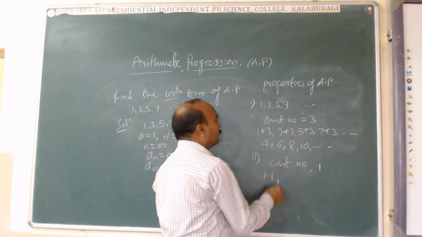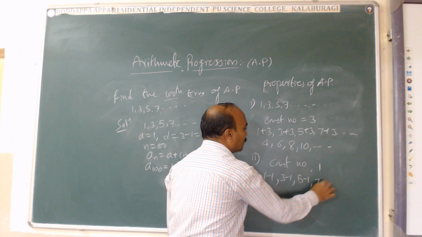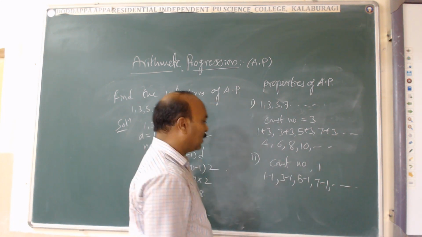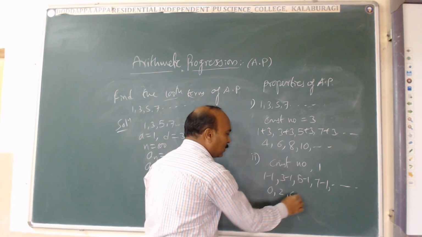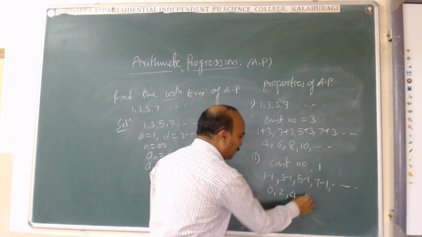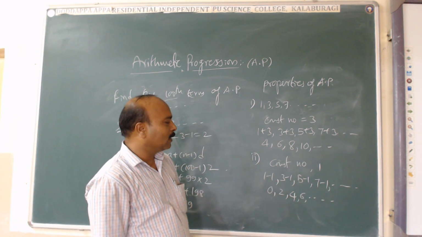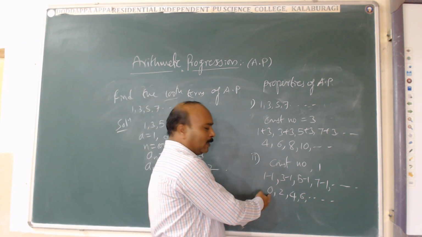It is 1 minus 1, 3 minus 1, 5 minus 1, 7 minus 1, and so on. Now you get 0, 2, 4, 6, and so on.